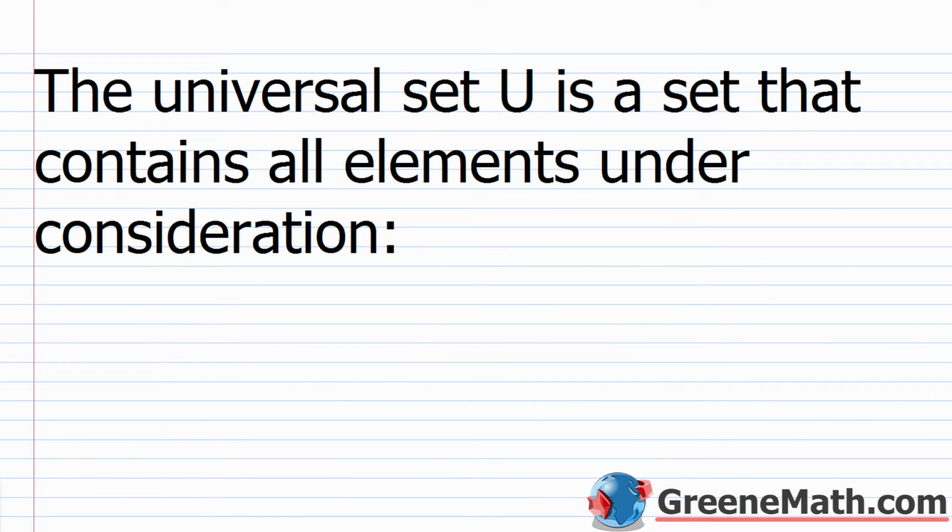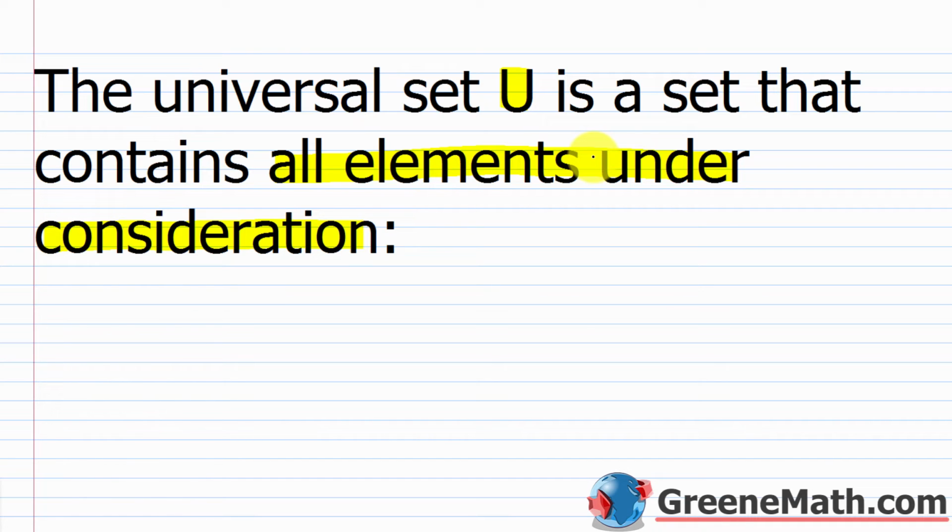So another important concept would be that of the universal set. So this one's a little bit difficult to wrap your head around at first, but after you practice a few of these, you can really understand. So the universal set, which is generally denoted with a capital letter U, is a set that contains all elements under consideration. Now, if we're talking again about the states that border Louisiana, let's just name this for the purposes of this example here.